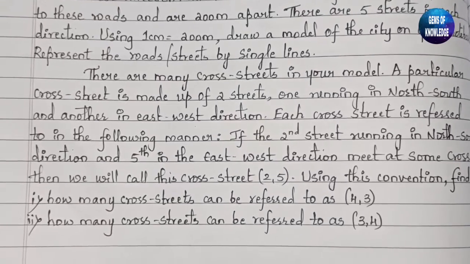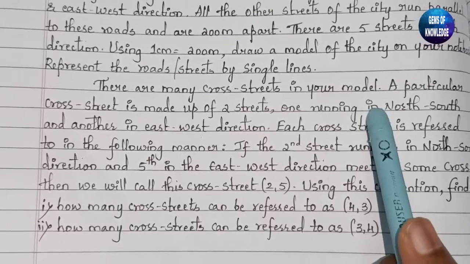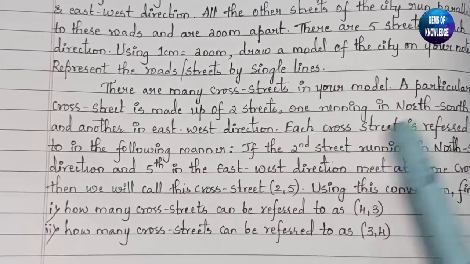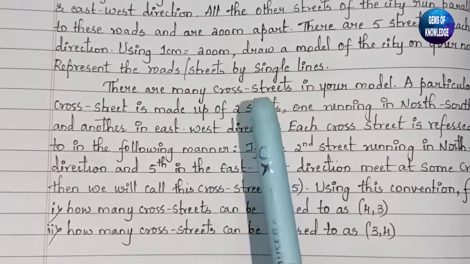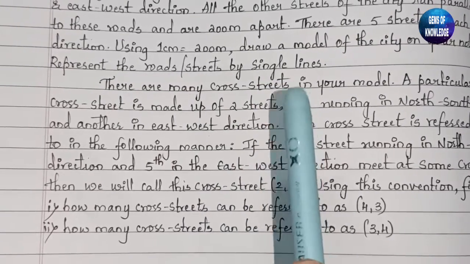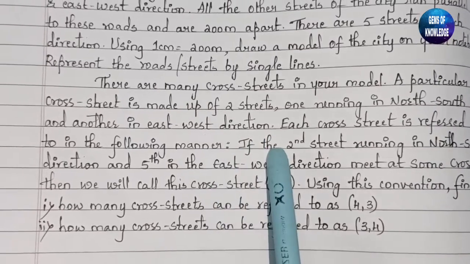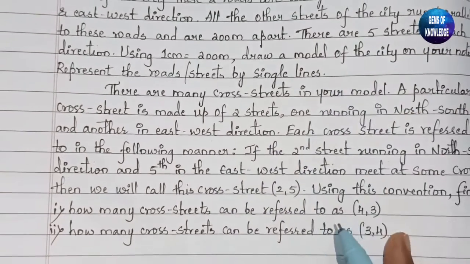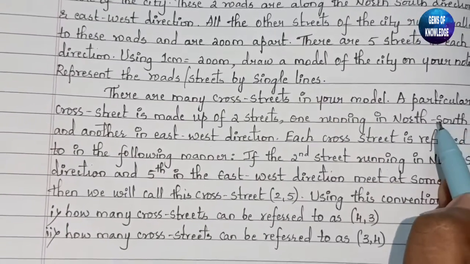Now the continuation part of your question, that is, there are many cross streets in your model. Okay, you have seen just now there are many cross streets in our model. A particular cross street is made up of 2 streets. Okay, each cross street must be made up of 2 streets, one running in the north south direction and the other in the east west. Okay, so this is the north south direction and this is the east west direction.